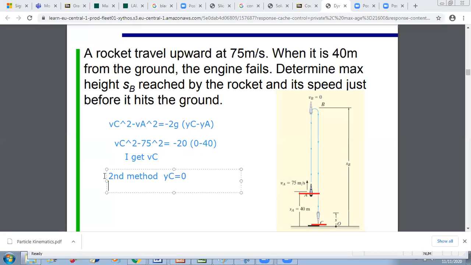So if I use the equation of Y, it is equal to minus 5t square, because it's half g t square, plus V0 t, which is 75 t, plus Y0, which is 40.